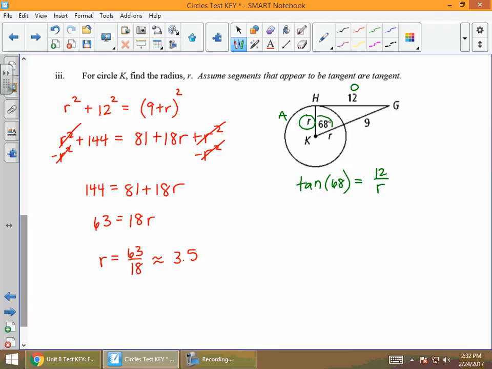Multiply both sides by R, and then divide by tangent of 68, so R equals 12 over the tan of 68.